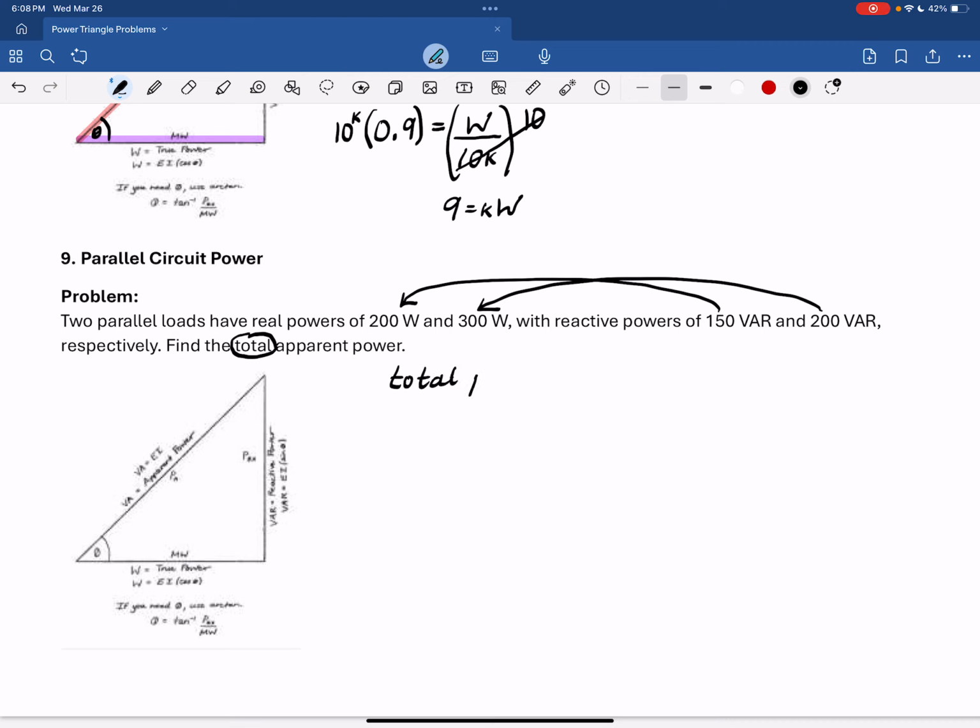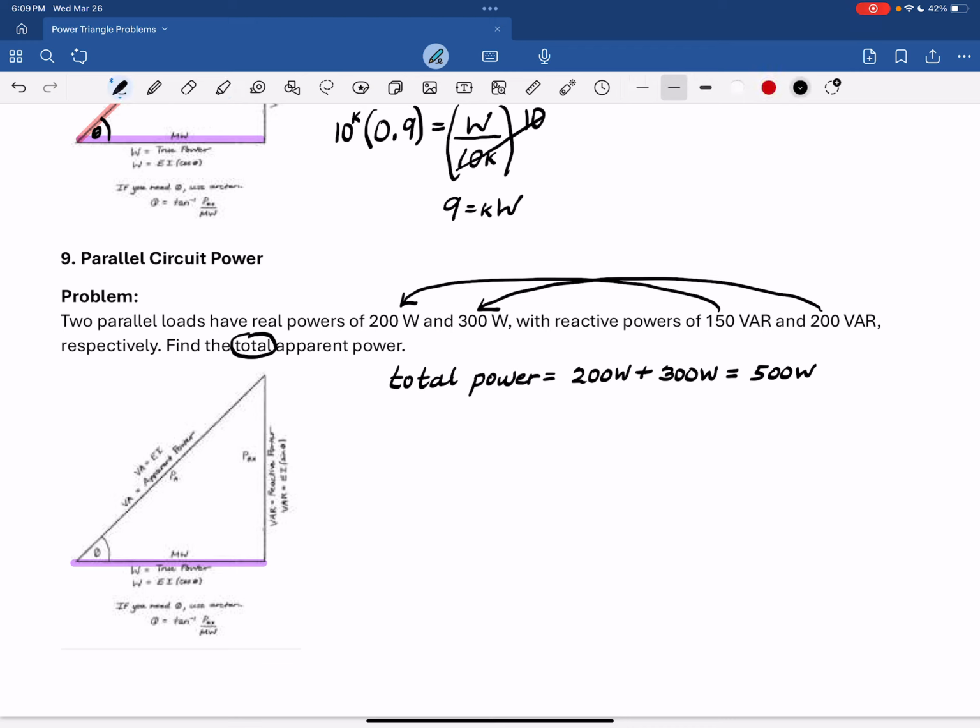So I'm going to say total power is, that's real power, so 200 plus 300. That's a total of 500. And that is which dimension? Total power, real power, true power is this one.